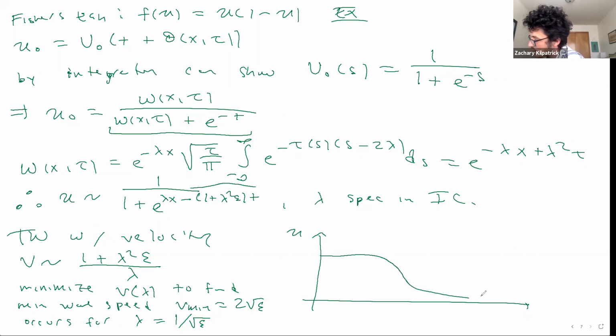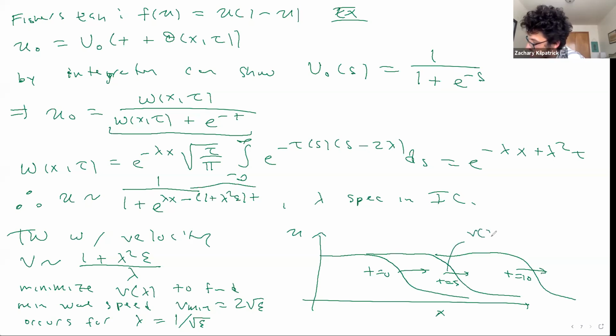So you start off with something like this, let's say at t equals 0, and here's your x, right? And then you get this invading front that just keeps moving along, okay? So t equals 5 here, and then t equals 10 here, okay? And it travels along at a speed that's given by v of lambda.